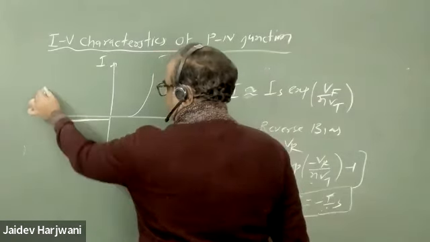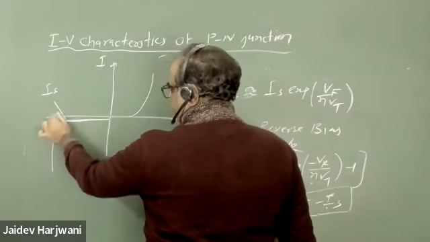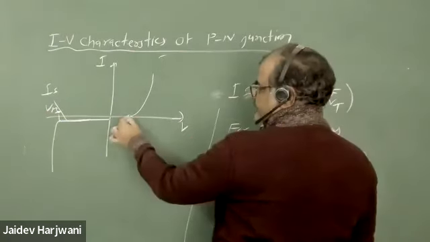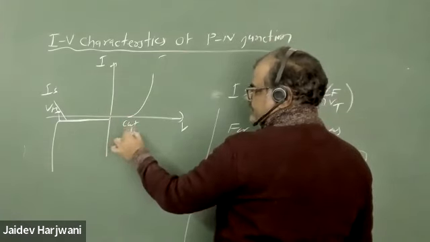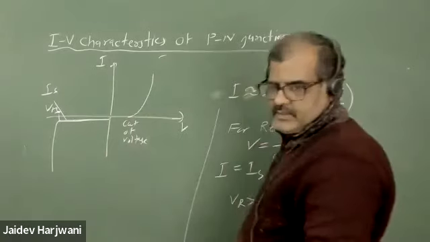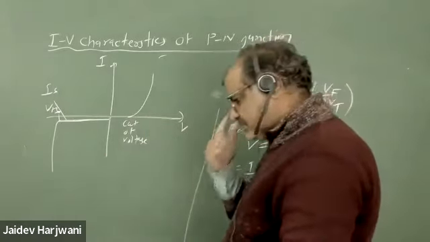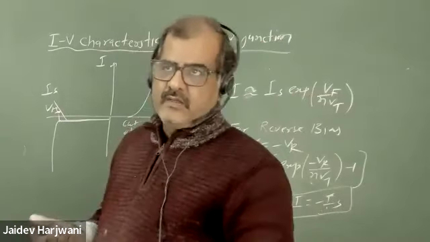This current is your IS, the reverse saturation current, and then breakdown happens at some particular voltage. This is the cutoff voltage, almost equal to your VBI, because if you want conduction to take place across the junction, you need to apply a minimum voltage up to VBI.